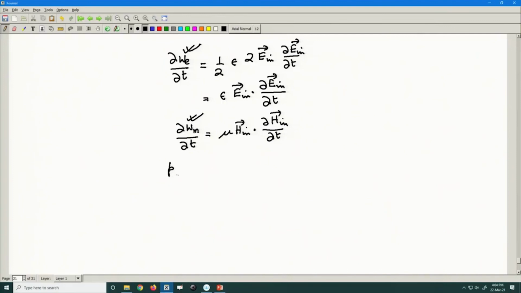The term P d, defined as sigma mod E in square, is the density of power converted to heat energy, or the ohmic loss term.